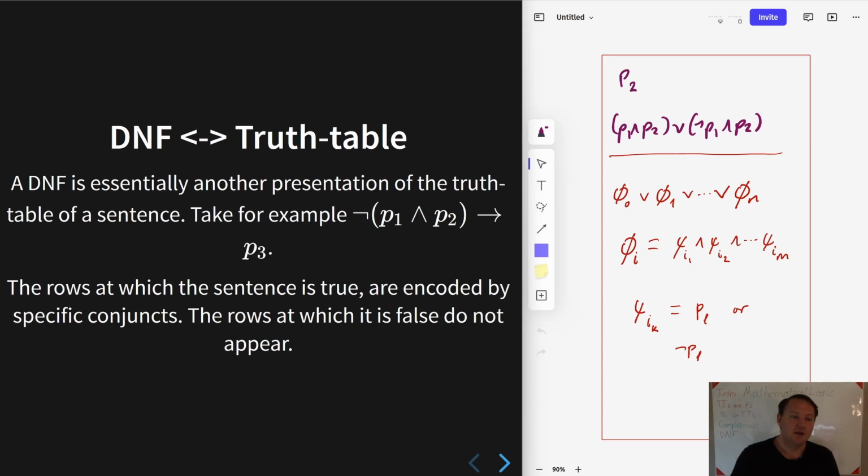But in any case, the important point is that each phi sub i must be a conjunction of some number of sentences. And each one of those conjuncts, which is to say each phi sub i sub k, which is any one of these things that occurs as a conjunct, must itself be a negatomic, which is to say it is some atomic sentence or the negation of some atomic sentence. So there is the more technical description of disjunctive normal form.